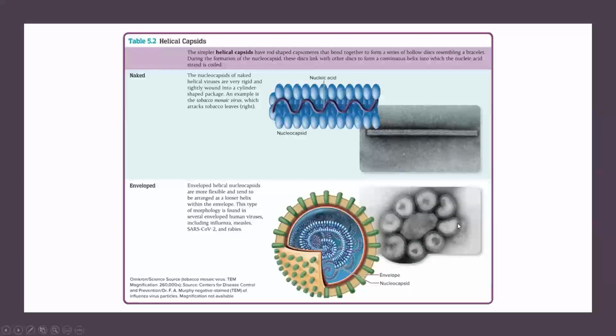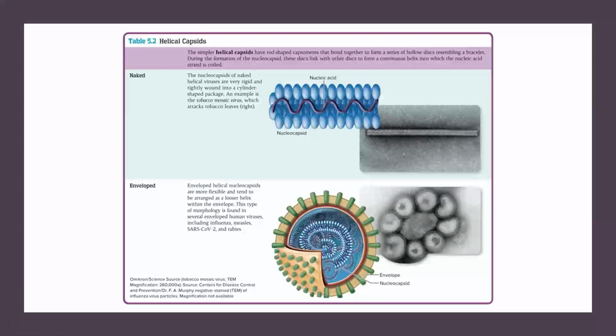The helical capsid will form this bracelet-like shape, kind of a tube or a rod around the nucleic acid. One example of a naked helical capsid virus would be the tobacco mosaic virus that was discussed at the very beginning.